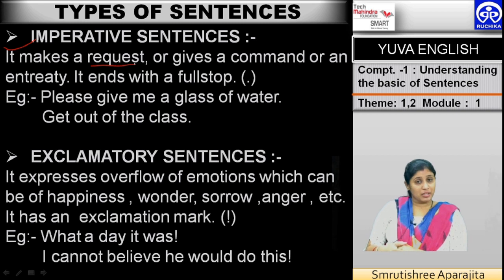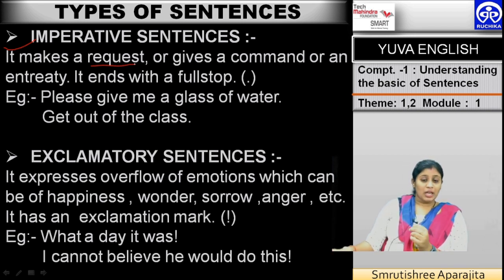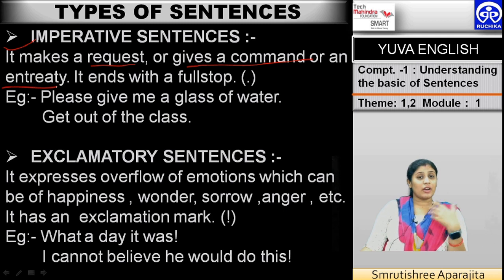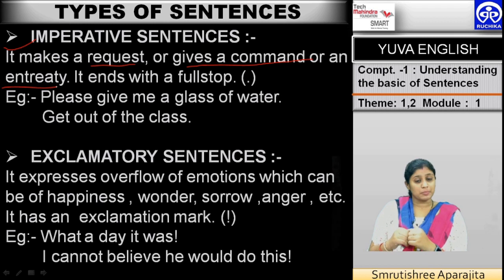Please can I come in? Now that's a request I'm making to you. Or if I'm the boss over here, I'll give a command or I'll give an order or I'll ask for an entreaty. If I give a command like get out, fetch me a glass of water. Okay, now in my office someone is creating a problem.